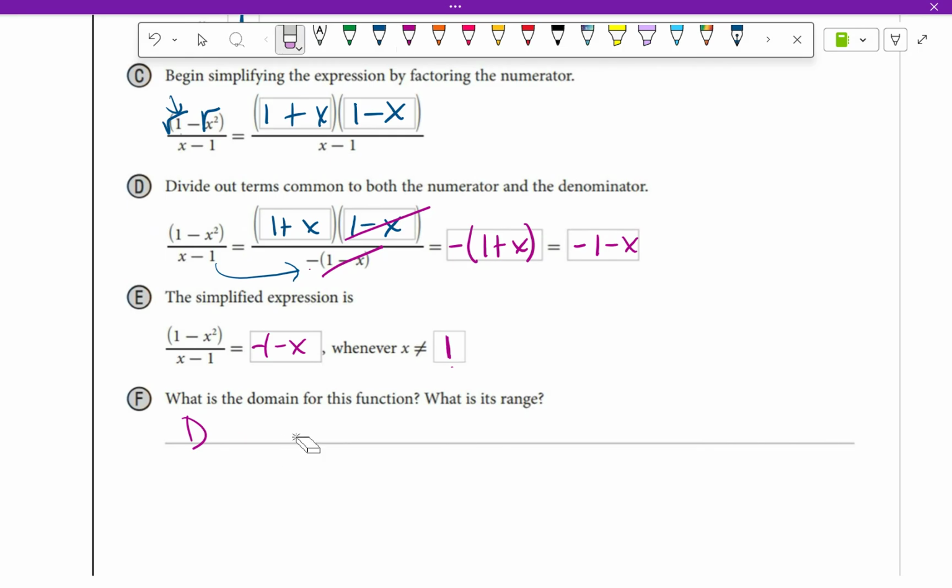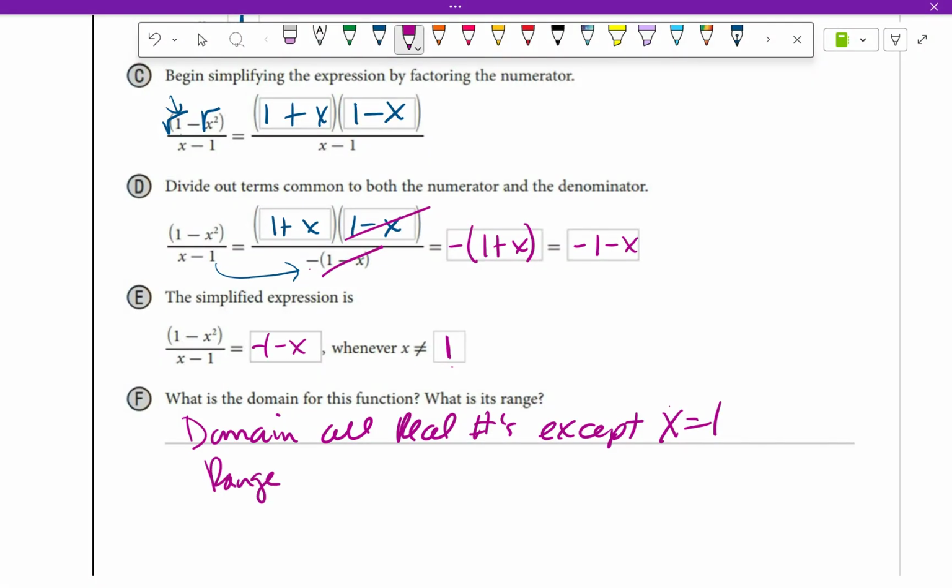So domain is all real numbers except x equals 1. And range would just be all the real numbers because there's no exceptions for all real numbers. That says all. And real.